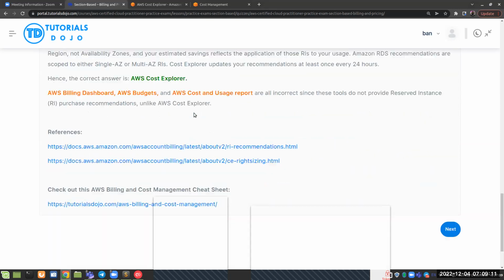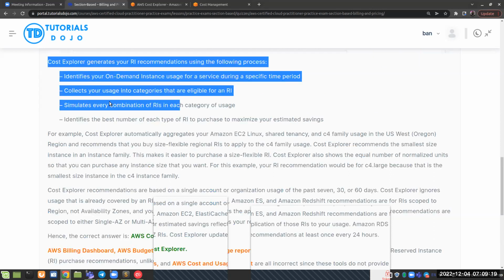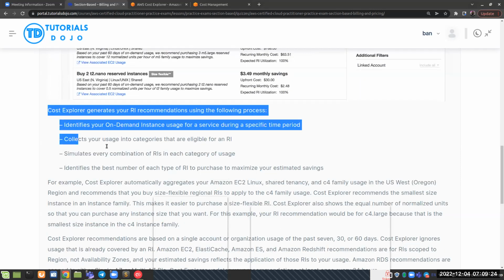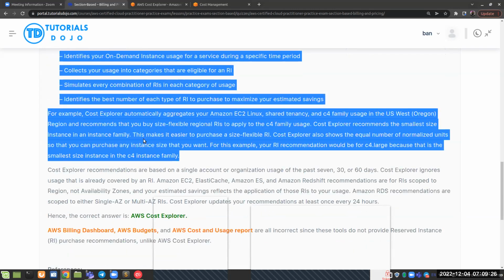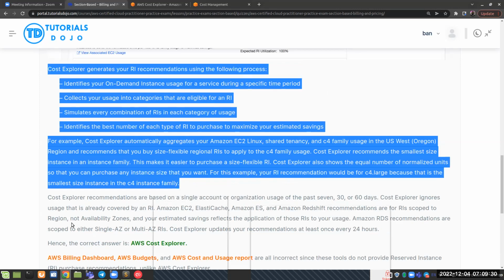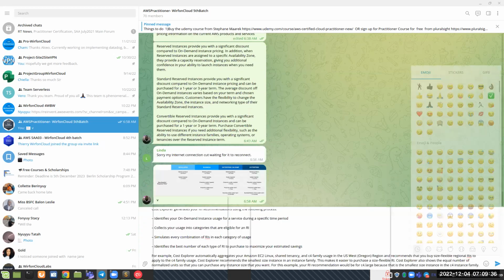But the billing dashboard is something else, and Budgets is what we have reviewed. The Cost and Usage Report cannot do this. So I'll just copy this, what Cost Explorer can do, and share it on our chat for everyone to catch up on.